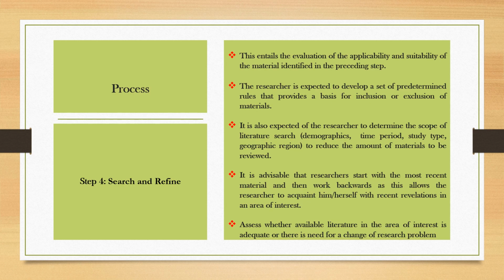Say, for instance, you want to look at the causes of drug and alcohol abuse. So what you do here at search and refine is you develop the scope of the literature search. Is it demographics?